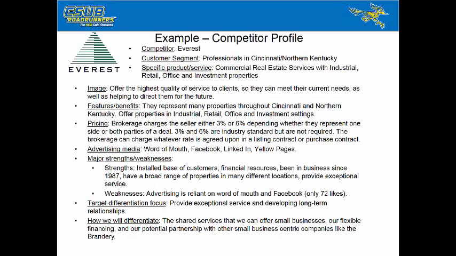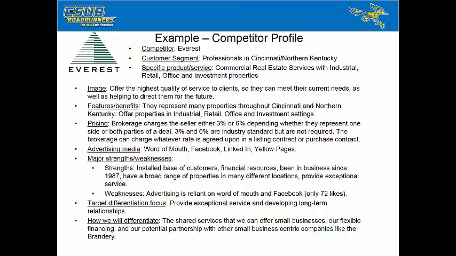This is an example of a competitor profile that some of my students from Cincinnati developed a little while back. The competitor is a company called Everest. The customer segment that they targeted was professionals in Cincinnati, Northern Kentucky. And the specific product or service was commercial real estate.